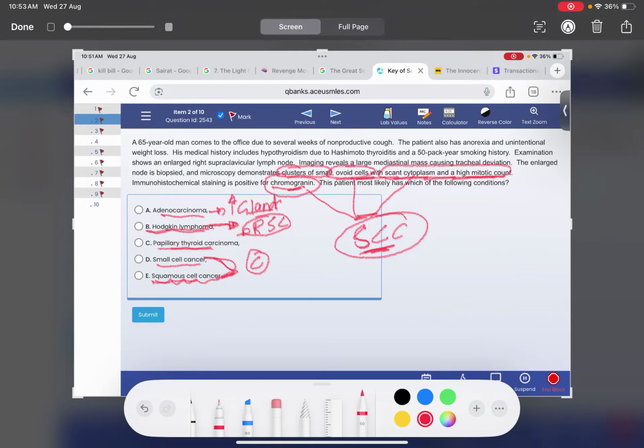The most important thing you have to differentiate is between small cell carcinoma and squamous cell carcinoma. Squamous cell carcinoma is also present centrally. The most important thing there is that it will have keratin pearls and intercellular bridges.